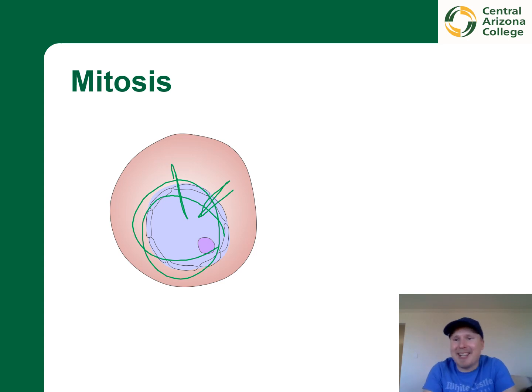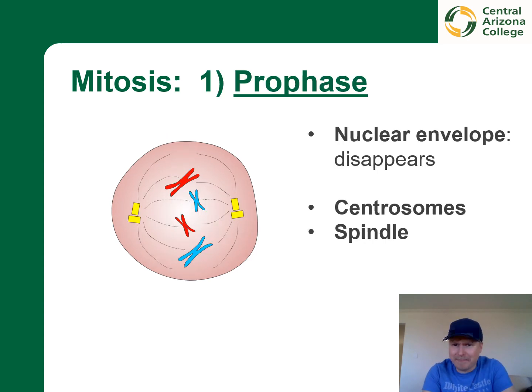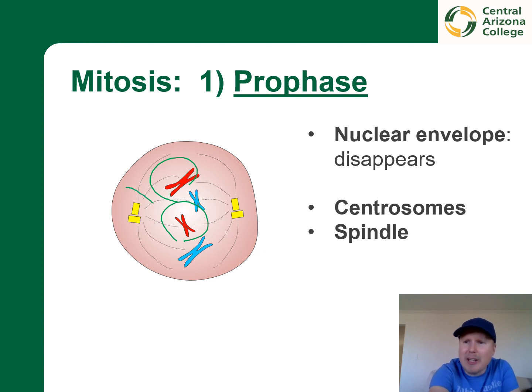Let's look at the first stage of the mitosis. During prophase, the nuclear envelope, which we just saw, disappears. You will see that the chromosomes are all over the place here. In addition to that, we will see that the centrosomes, which were these tubular pair structures that we talked about in our review of the cell parts, appear close to the nucleus.